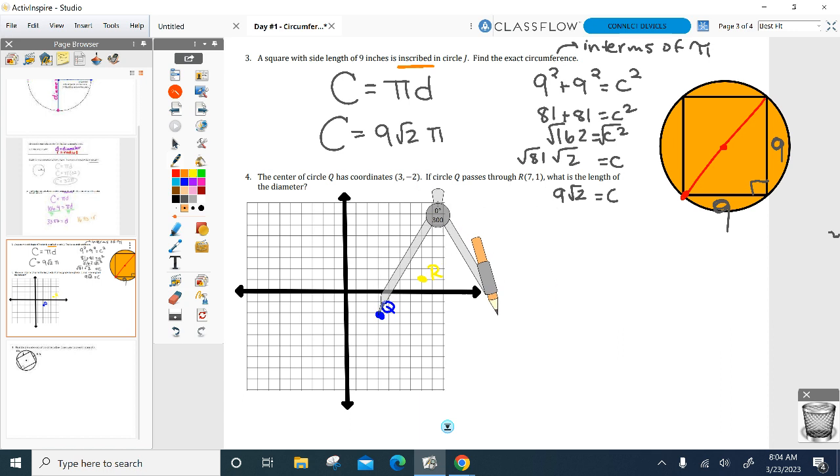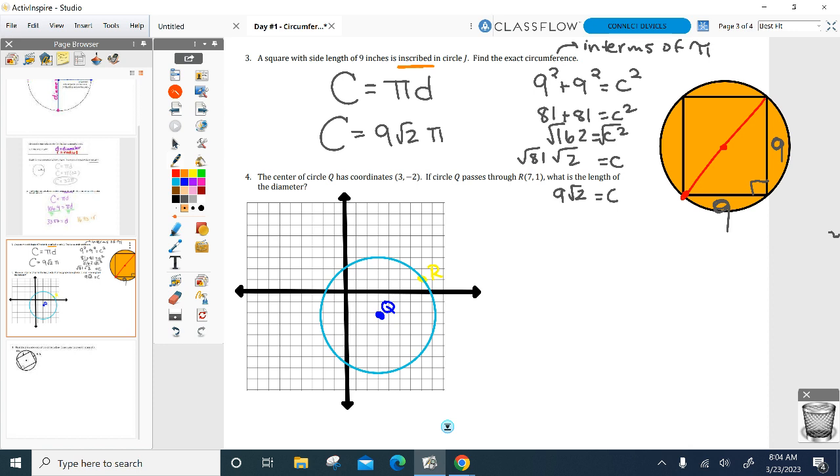And I'm not going to ask you to get out your compasses and waste time here. But here's the center, right? The circle goes through R. So here you go. Here's the circle. So how can I find the diameter? Hopefully that helped a little bit.